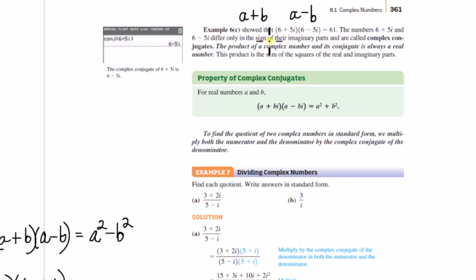But these are complex conjugates, right? Because it's dealing with complex numbers. So just note, don't get confused. If you've got 6 plus 5i, the complex conjugate of that is not -6 minus 5i. No, you just change the middle sign and that's it.